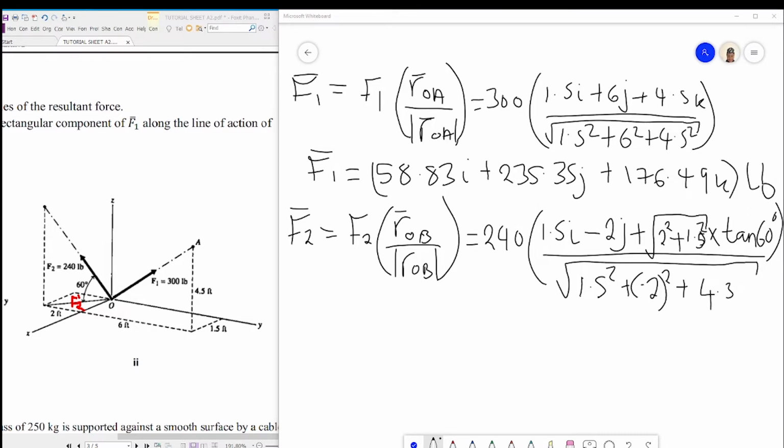Okay, starting to evaluate. So this is 4.33 squared. So this part for the k is 4.33. That's what it is evaluating to. I hope we'll all be able to get that. I don't think it is really tricky, not at all.